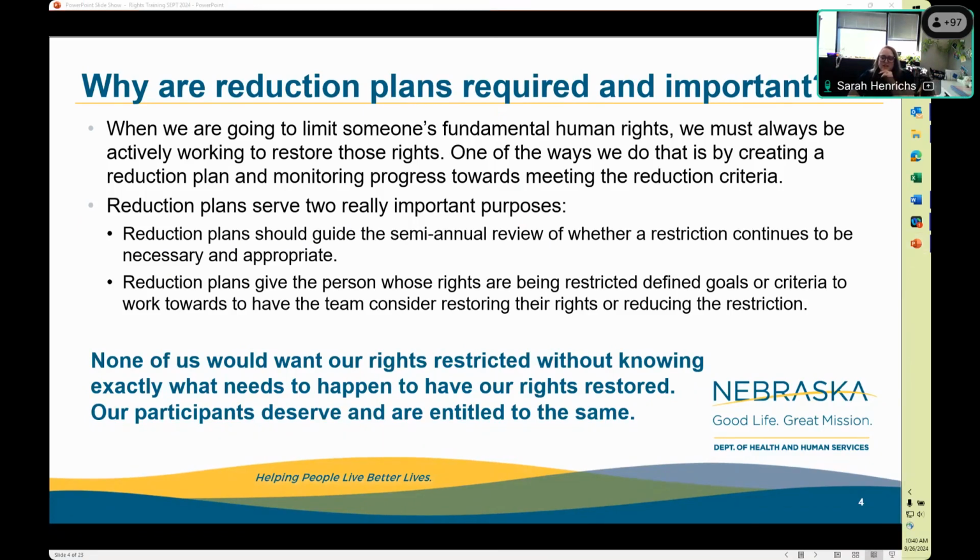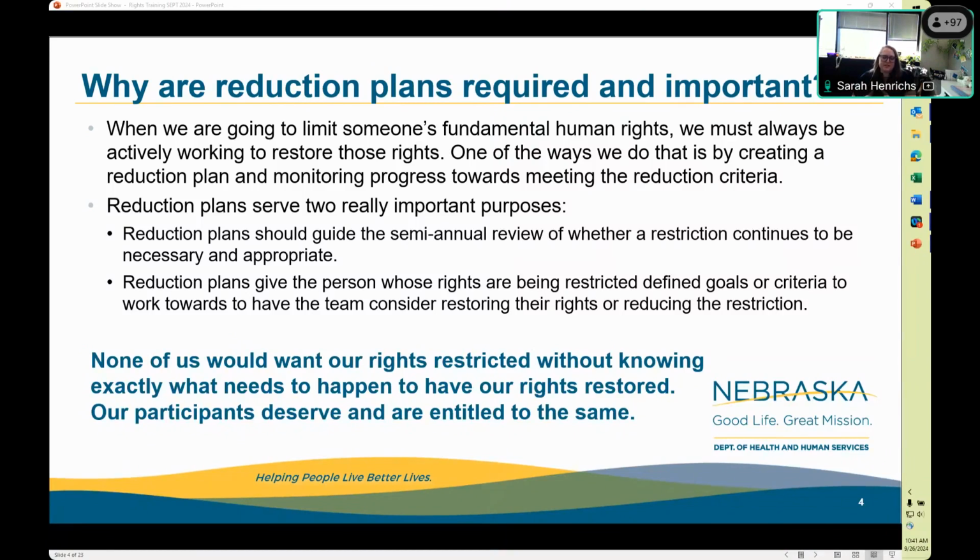We don't want you to just say, yep, there's still restrictions. We want you to be looking at, have things changed that would allow us to restore this person's rights, all or in part, by potentially reducing or eliminating this rights restriction. And a measuring stick for how we can frame those conversations is that reduction plan.